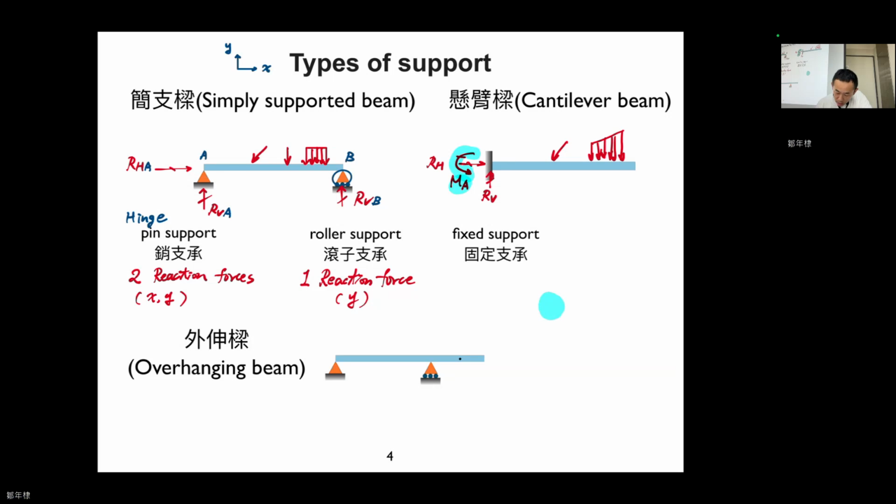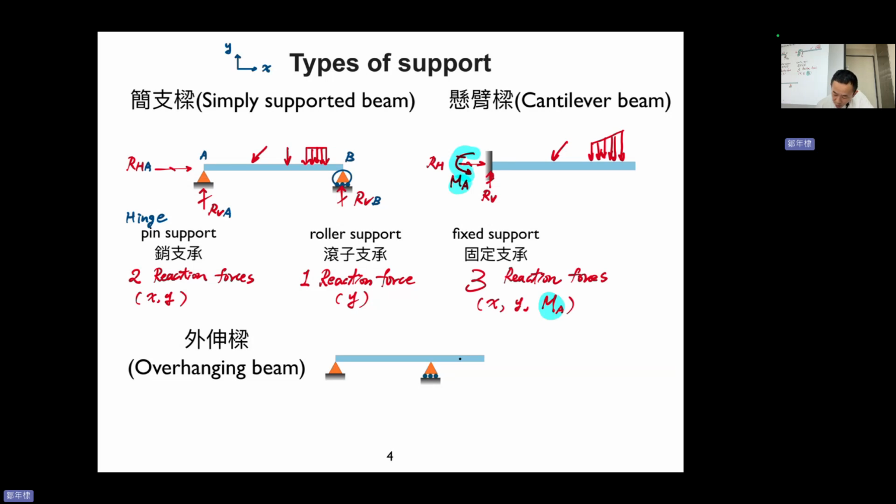So I will say this fixed support gives you 3 reaction forces. Okay, X, Y, and M.